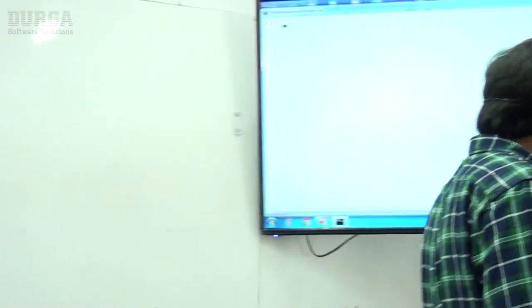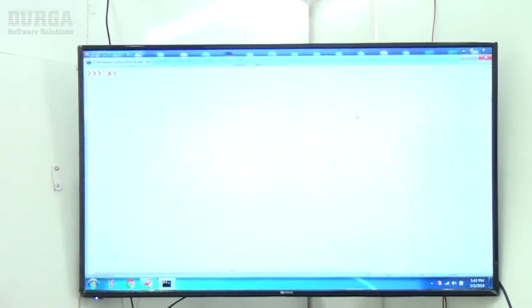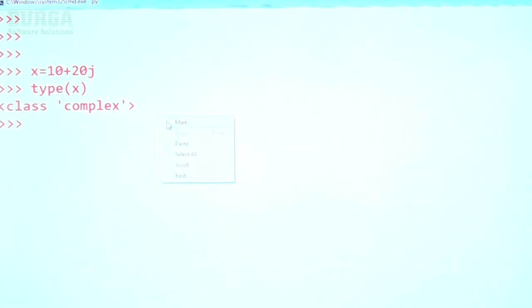Here I am taking x is equal to 10 plus 20j. Either small j or capital J you can take, no problem at all. Now let me print type of x. The type of x itself is class complex.